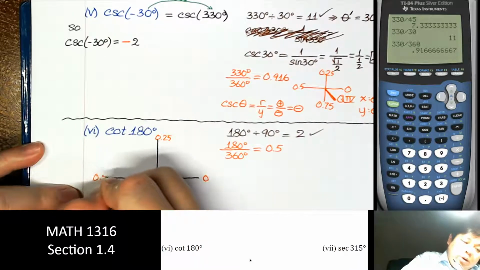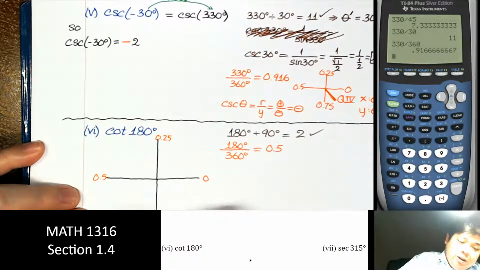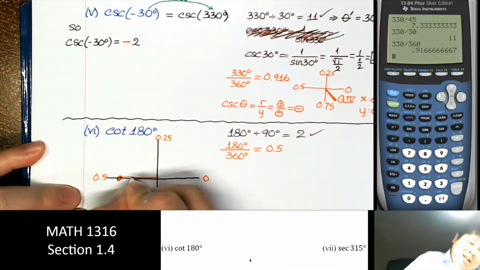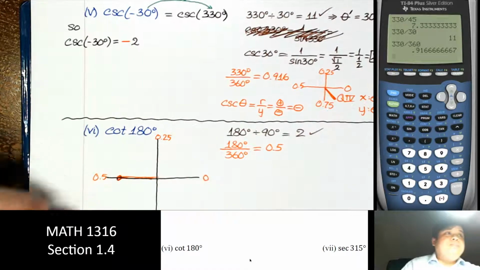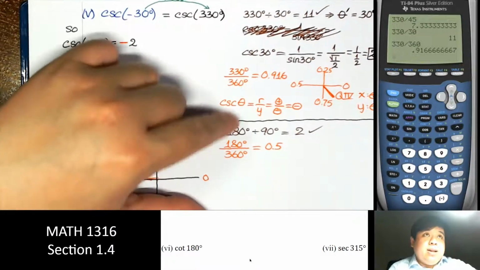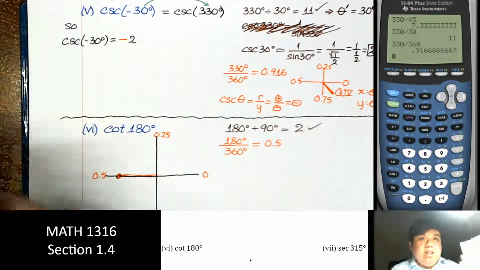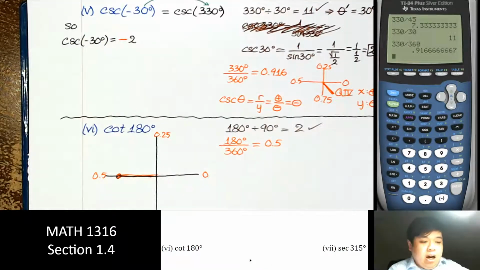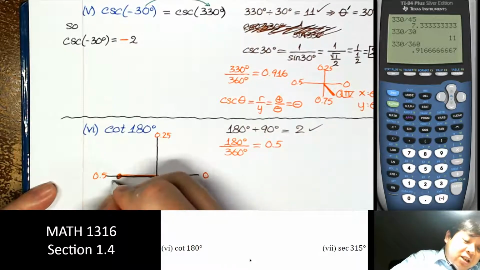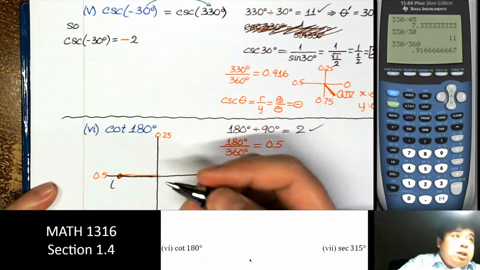In terms of revolution, it will be right here. So in that case, we're not going to use the hand trick for that. What we do instead is just assign some values. If it is here, just take the point and assign some values.